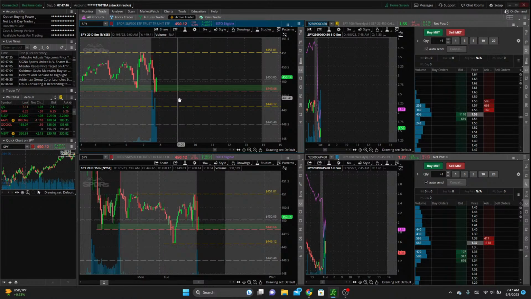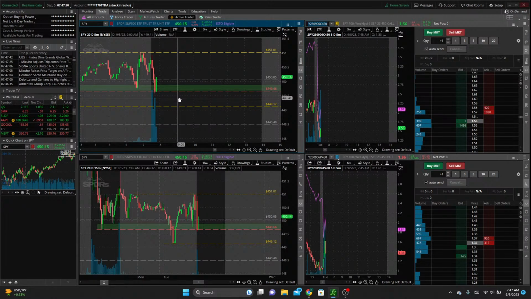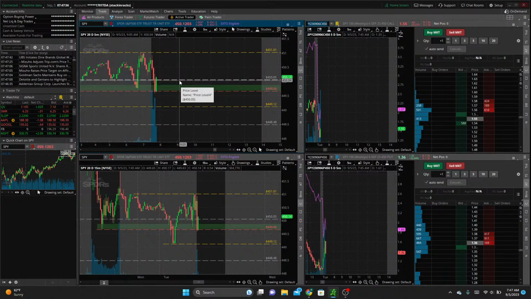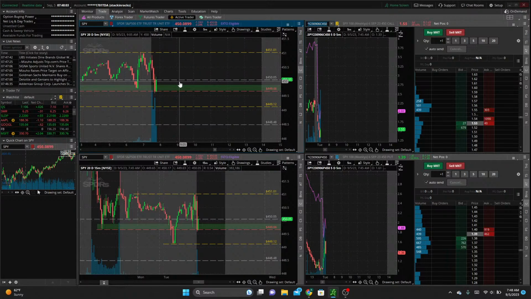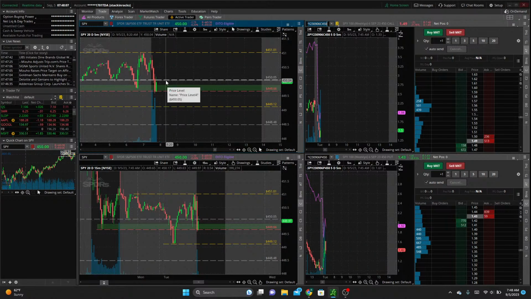It's still going. So it'll be real interesting to see if we can reclaim that 450 level. So far, finding a bit of resistance in there though.